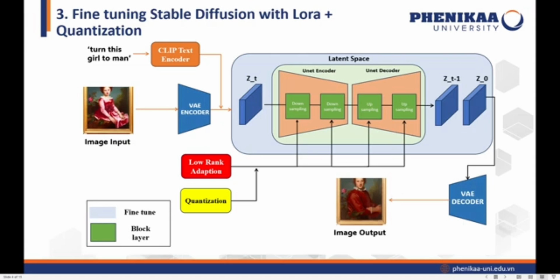We fine-tune Stable Diffusion with LoRA and quantization. LoRA adapts the model using a small number of trainable parameters while still adapting the model effectively. Quantization can also convert the model weights to lower precision to save memory and increase speed.